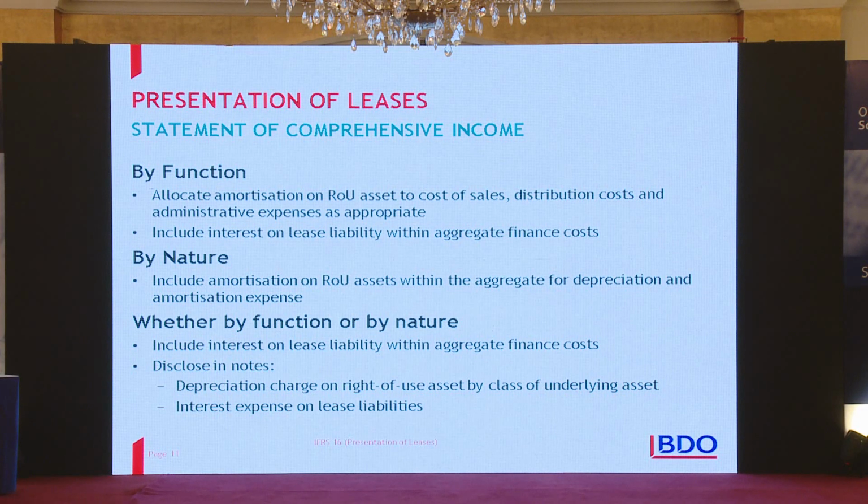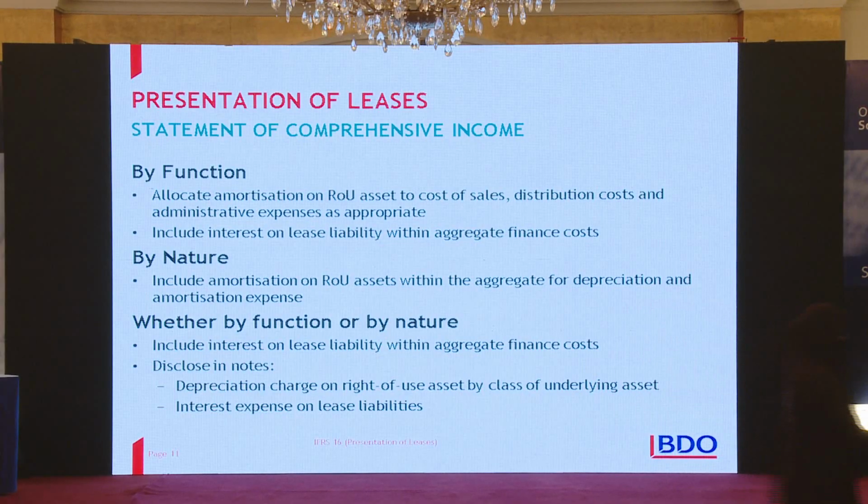I talked earlier about the amortization of the right of use asset, right? Now this charge has to flow through to the P&L under the amortization route. The allocation, again based on the principles outlined in our own Companies Act in the relevant disclosure schedules applicable to public listed companies as well as private companies, you can present this amortization either by nature or by function. What do I mean by that?